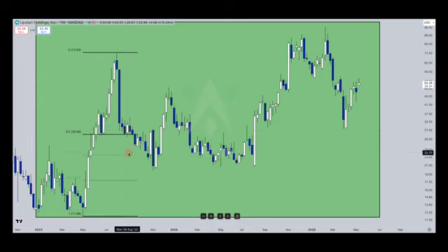So we see price reach deeper into the discount of that range, into the bottom section of this range, and into this optimal trading point of 0.625 and 0.78. Price reaches into that level and we see another reaction.